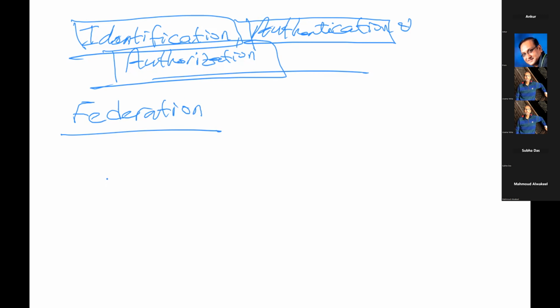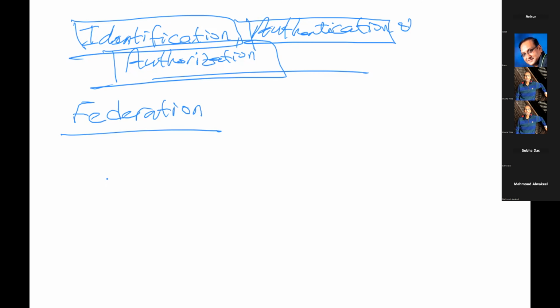I'm just trying to give you an example. I have a Gmail account, Prem, with my password, and let us say I go to a particular website like booking.com to book a flight. I don't have to create a credential for that website. I can use my Google user ID and password to book my tickets in booking.com.